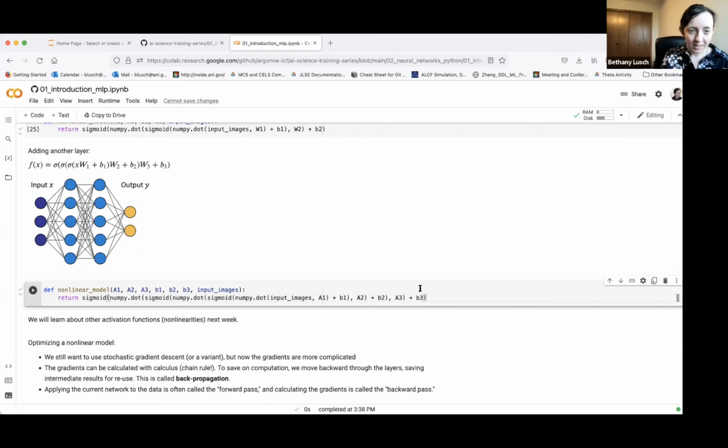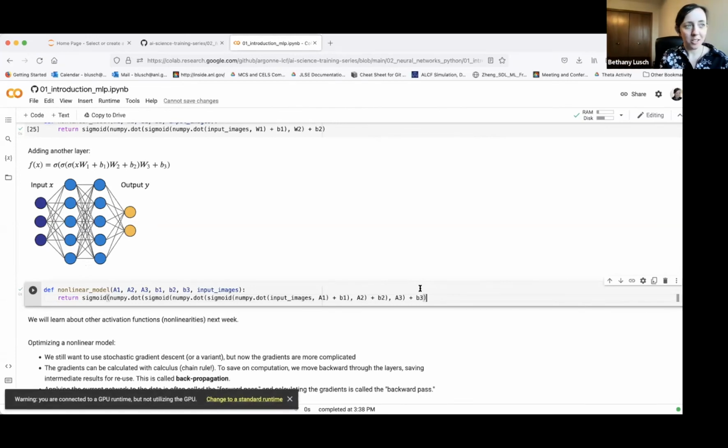Now we've added these sigmoids, we've added more layers, we might change the loss function to something like categorical cross entropy. So the gradients are more complicated, but it's just a bunch of linear algebra, basic math strung together that we could do calculus on. And it's a lot of chain rule.